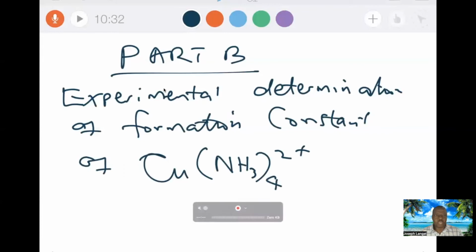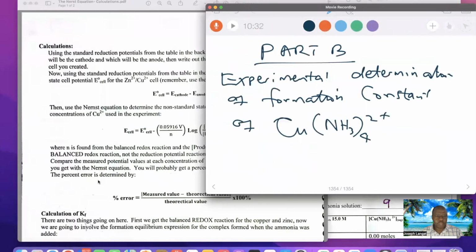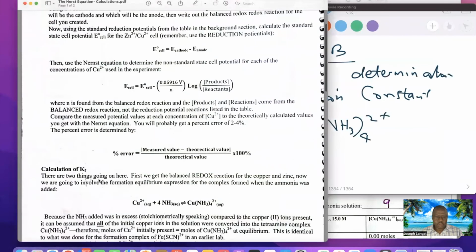Let me make sure that we get it right. Make sure we get the formation constant right for this complex, copper 2.